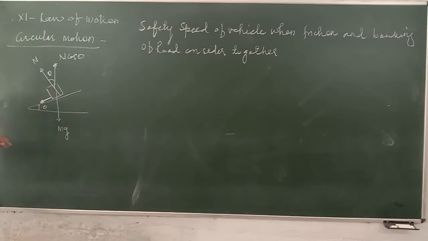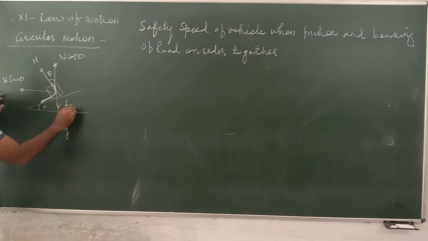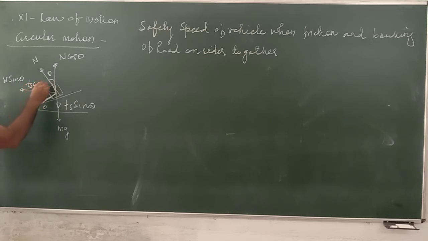Now this force of friction we can resolve. Along this one, there is one force which is N sine theta. Now towards this side, it becomes Fs sine theta. This side becomes the adjacent side, that is Fs cos theta.